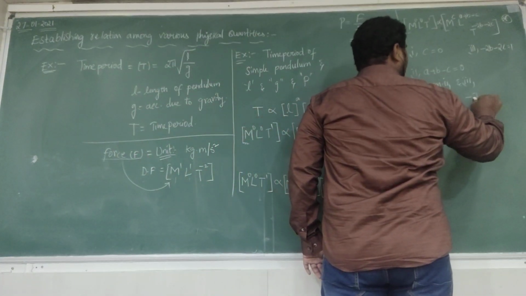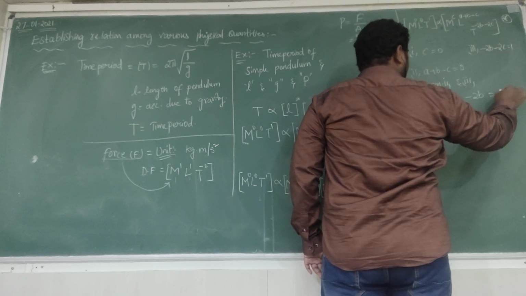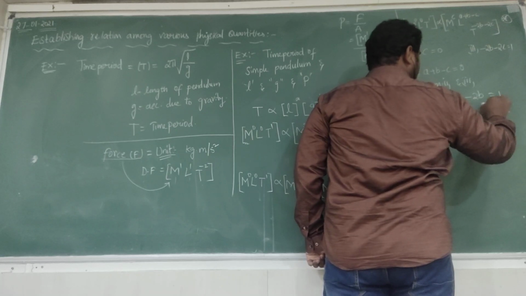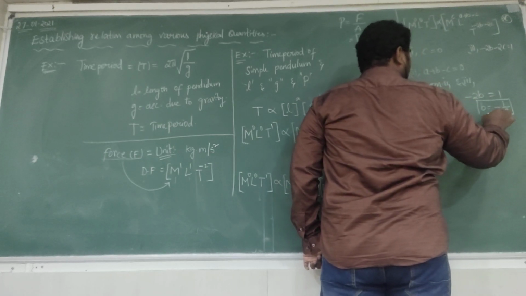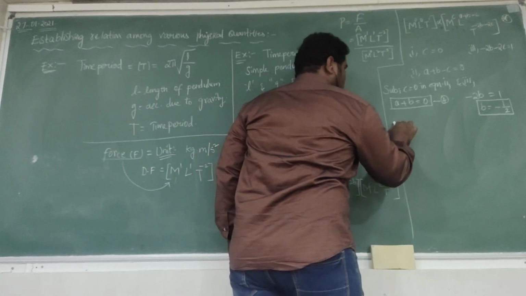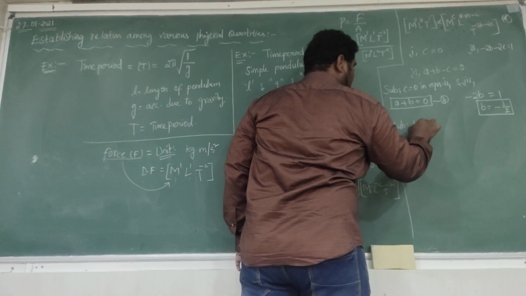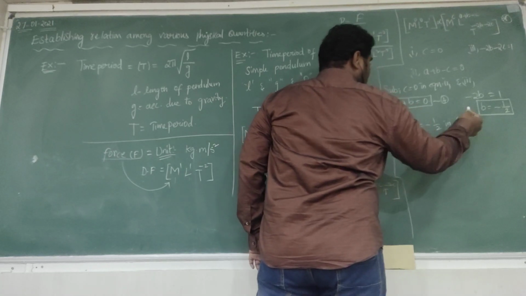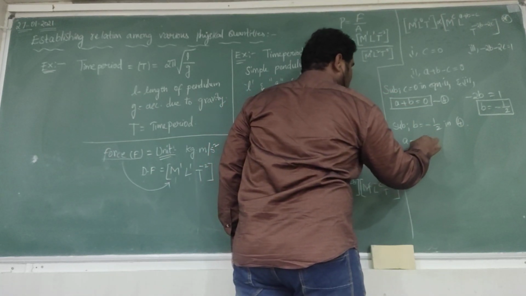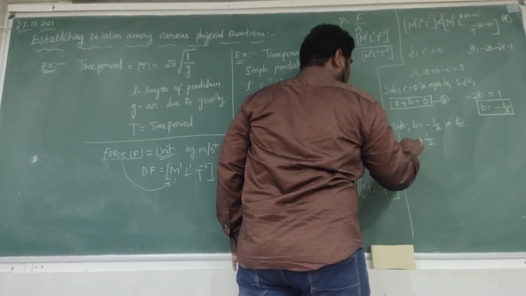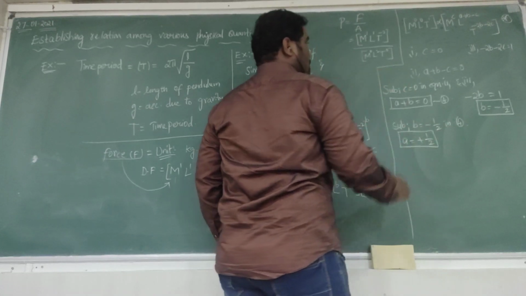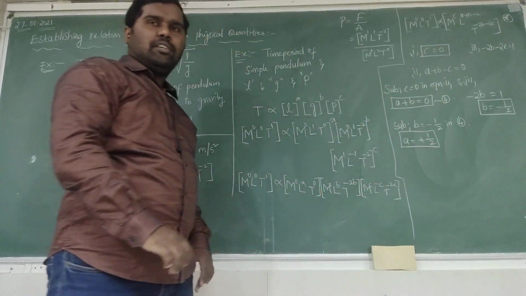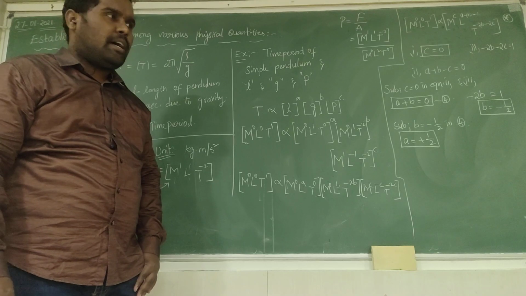This one. Minus 2b equals to 1 and b equals to minus 1 by 2. Substitute b equals to minus 1 by 2 in equation 4. We get a equals to plus 1 by 2. Correct? So you have all the 3 values now. A value you have, b value you have, and c value also you have.